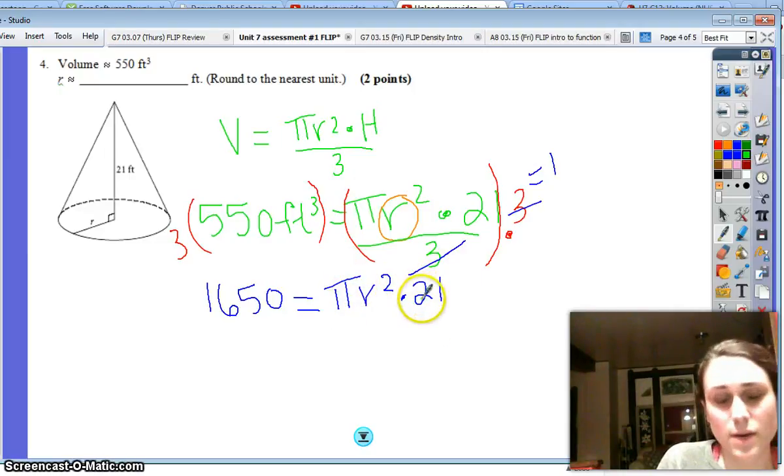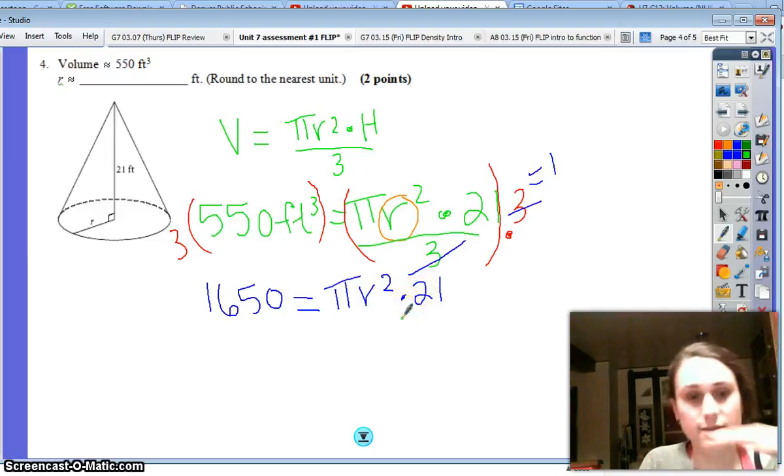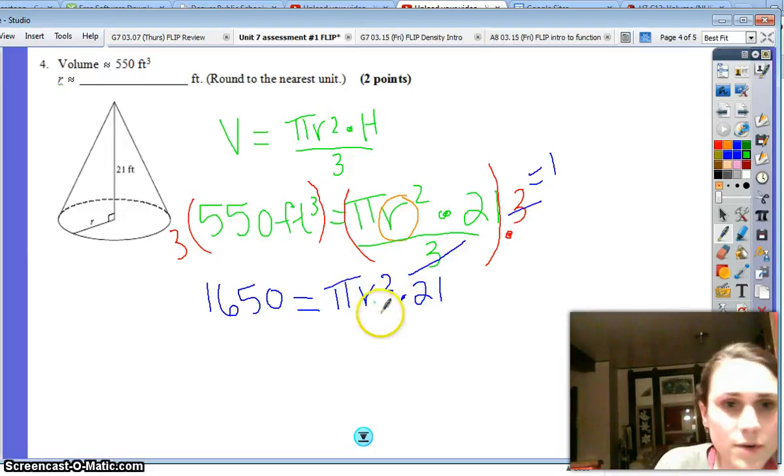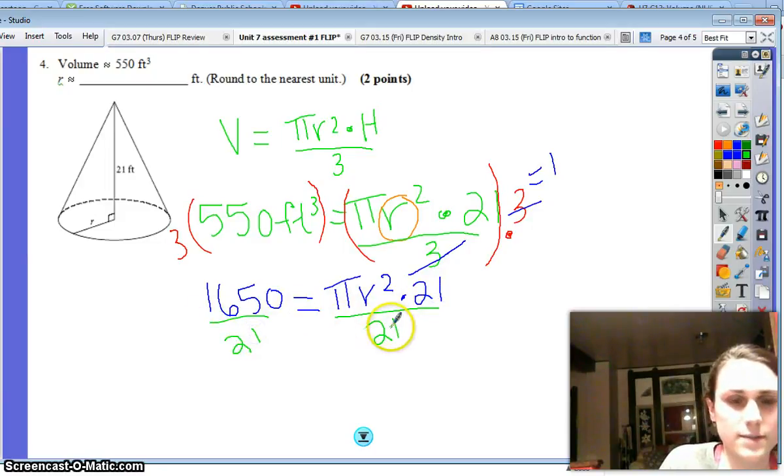You could do pi times 21, find that value, and then divide out that value. Or you could say, hey, I'm going to recognize that pi times r squared is being multiplied by 21. I need to get rid of this 21 to make my life easier. So I'm going to divide both sides by 21.